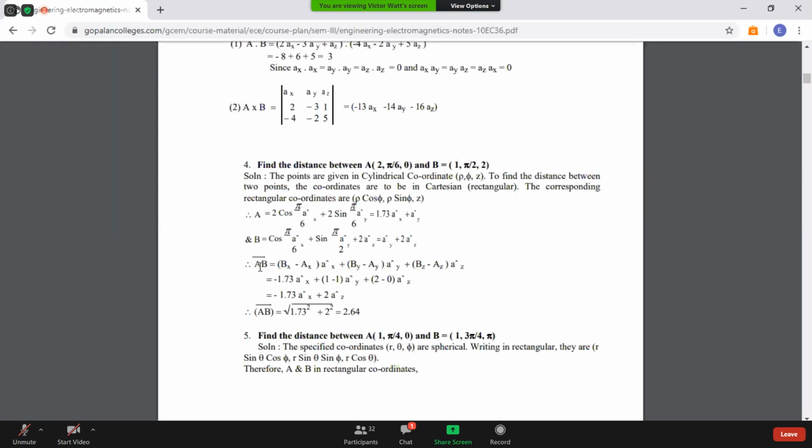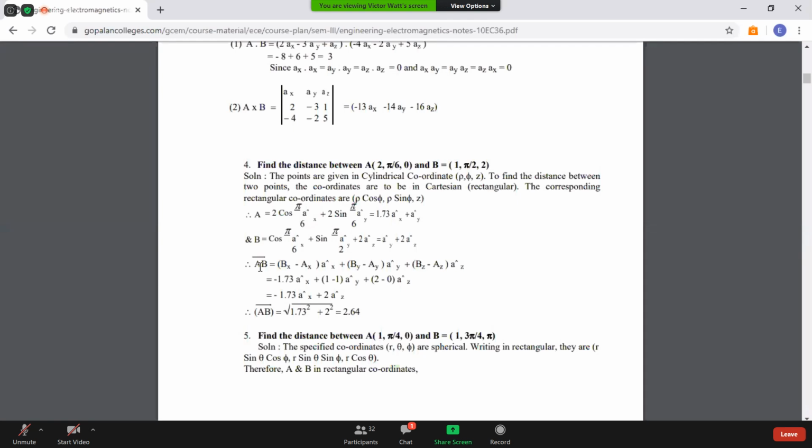Sir, a question. The first term after the equal sign has 1 cos π/6. Shouldn't it be 1 cos π/2? That's B. Yes, sir.